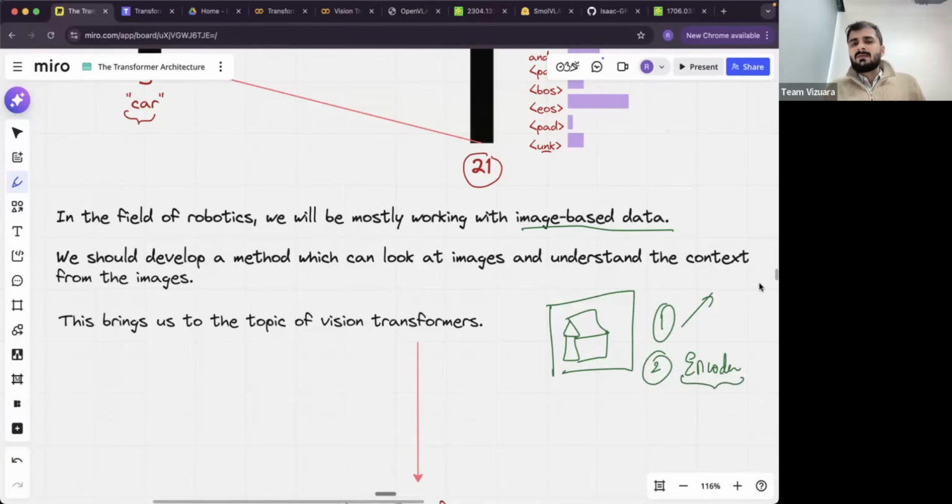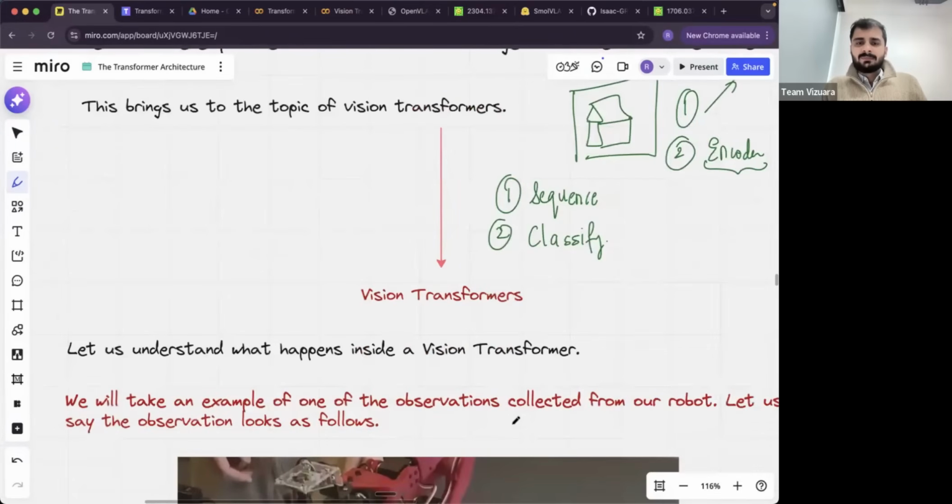But the encoder finally gives you the context vectors for all the tokens in the sequence, right? How will you classify the image? So you have two problems. First is how to present this image as a sequence, and the second is how to classify the image. We will be looking at how both of these issues were tackled with the famous Vision Transformers paper.